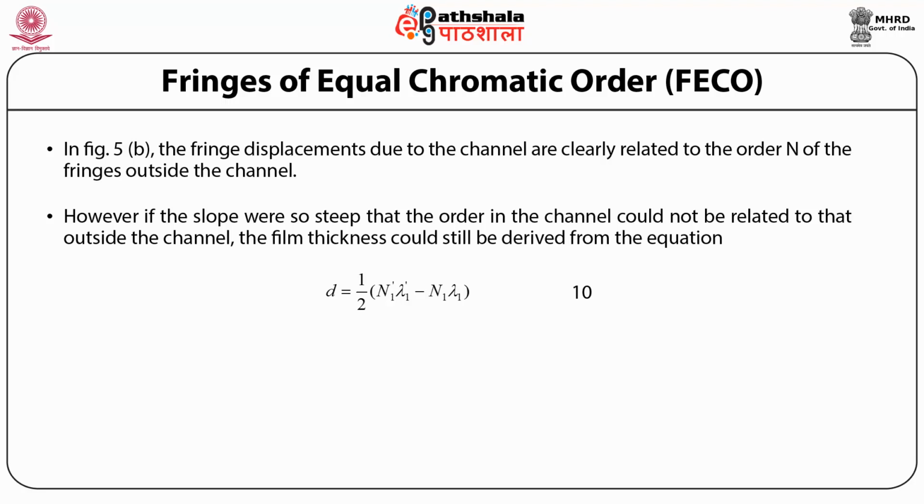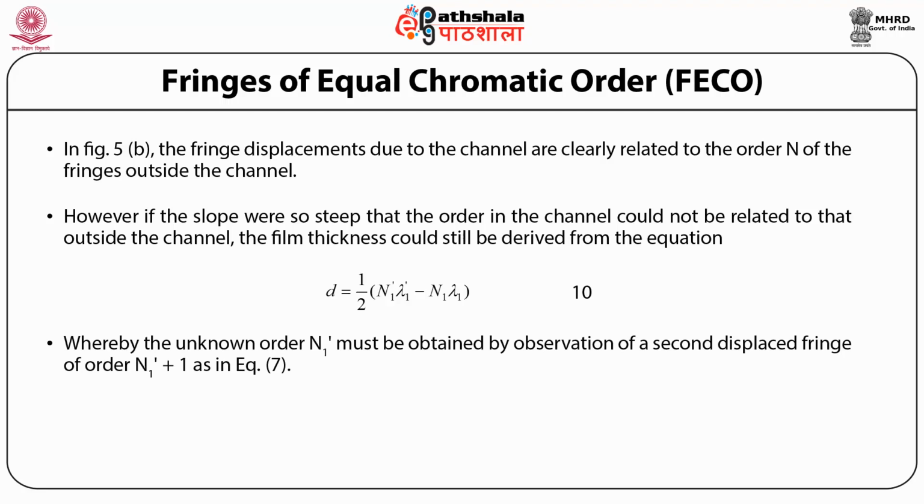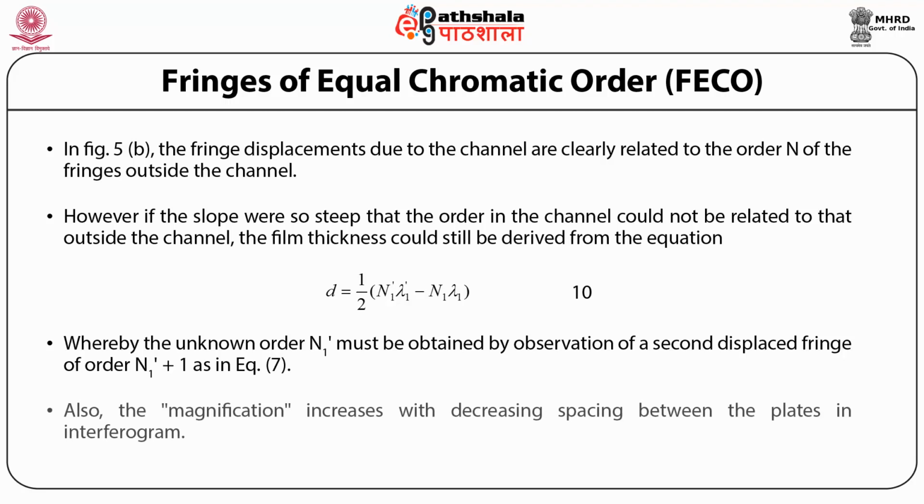The equation is D equals 1 by 2 into N1 prime lambda 1 prime minus N1 lambda 1, whereby the unknown order N1 prime must be obtained by observation of a second displaced fringe of order N1 prime plus 1, as we have seen in equation 7. Also, the magnification increases with decreasing spacing between the plates in the interferogram.